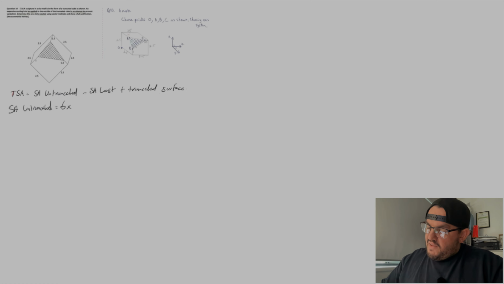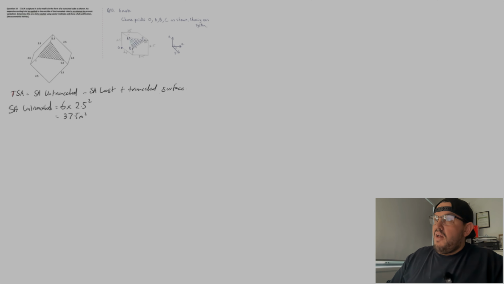So this is going to be 6 times 2.5 squared, because each side is 2.5. 2.5 squared should give me an answer of 37.5 square meters. Keep that in mind, because we'll definitely need that later on. Chuck that in your calculator, good to go.